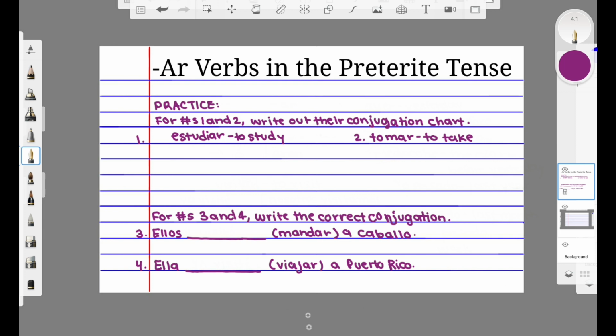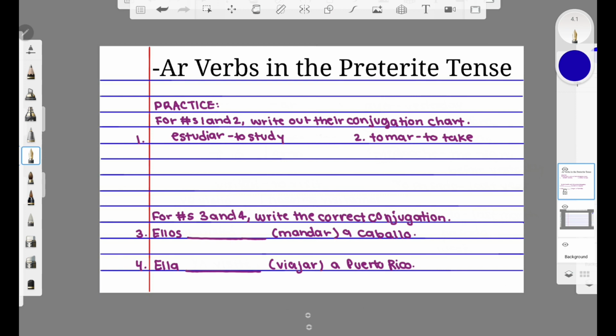For numbers 3 and 4, you're just conjugating the word in the parentheses to the subject pronoun that is already given. Also, for those two, since they are sentences, try to use context clues and figure out what the sentence is trying to say. Because again, vocabulary is very important as well. But pause the video now and start on your practice.